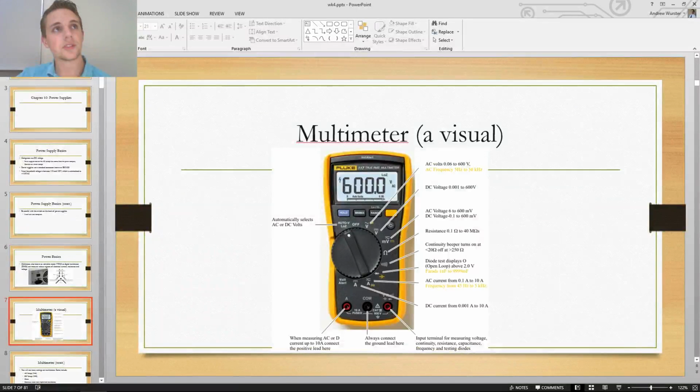So this is just a fun little visual as to operating them. They're all a little different, and some of them are higher levels than others. This is a higher end one. It's kind of like a mid-range, but one of the nicest things is the continuity beeper, which, they call it beeper. It's more like a tone.